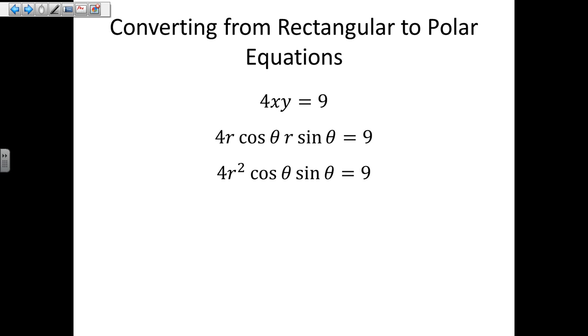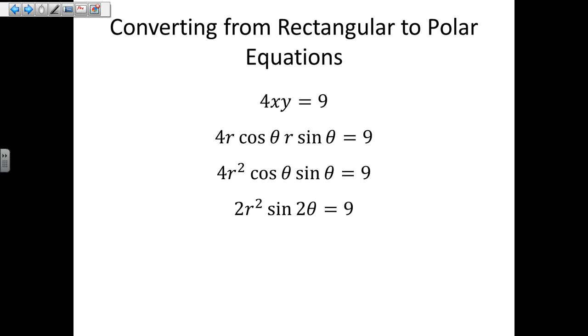Now again, this next step, maybe it's not so obvious, and honestly, is it really super duper important? No. But I'm going to use a trig identity here. There is a reason we spent that chapter on all those trig identities. What I'm going to do is use a 2 from this 4. 2 times cosine theta sine theta is equal to something. What's it equal to? Well, grab your trig identity sheet and try to find 2 cosine theta sine theta.